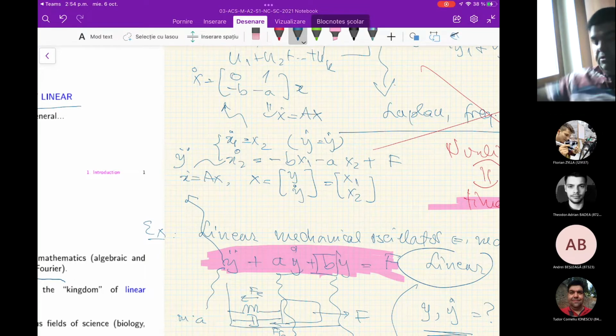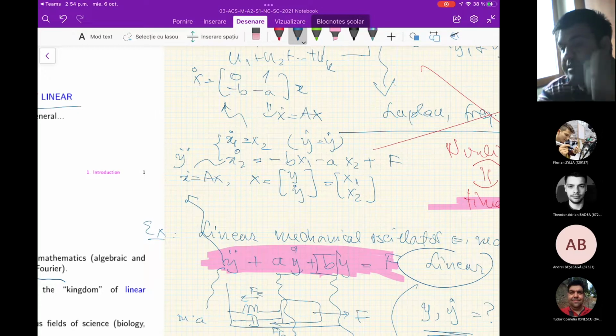If you have a 10th order linear differential equation, you can easily transform it into a system of first order differential equations in this form. We know how to do that since second year, or from any basic control engineering course.